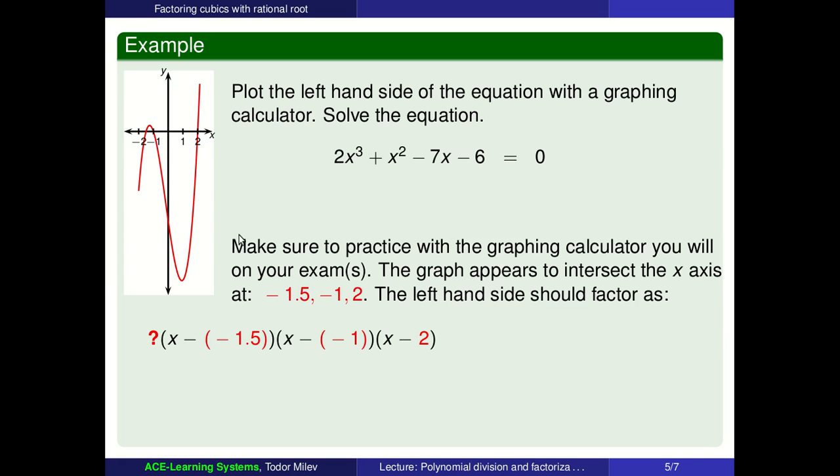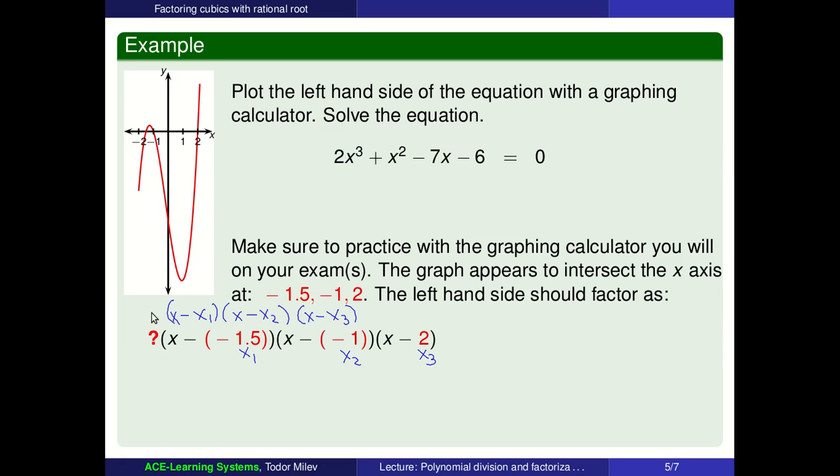It should factor as x minus x1 times x minus x2 times x minus x3, where x1, x2 and x3 are the three roots. This is x1, this is x2 and this is x3.